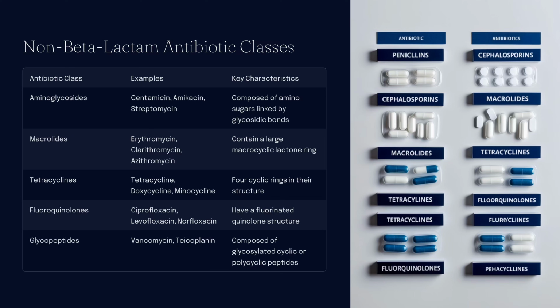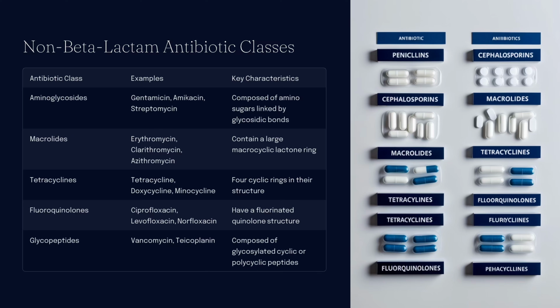Seventh class is glycopeptides, composed of glycosylated cyclic and polycyclic peptides, like vancomycin and teicoplanin. Eighth class is oxazolidinones. These are characterized by an oxazolidinone ring in the structure. Examples are linezolid and tedizolid.